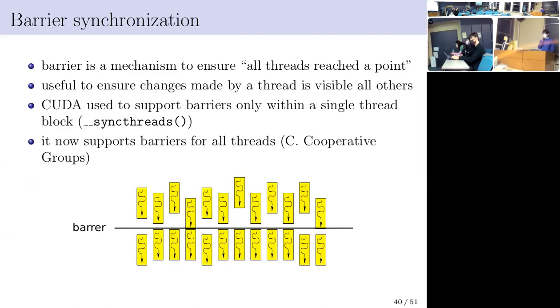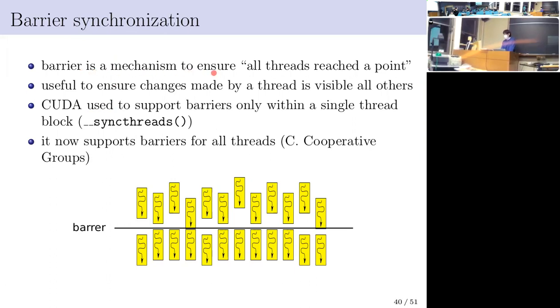So another thing, barrier synchronization. So yeah, because I didn't talk about it in the OpenMP context. So what is a barrier synchronization? So barrier synchronization is a synchronization primitive to guarantee that all threads reach the same point. And before all threads reach a certain point, nobody goes ahead.